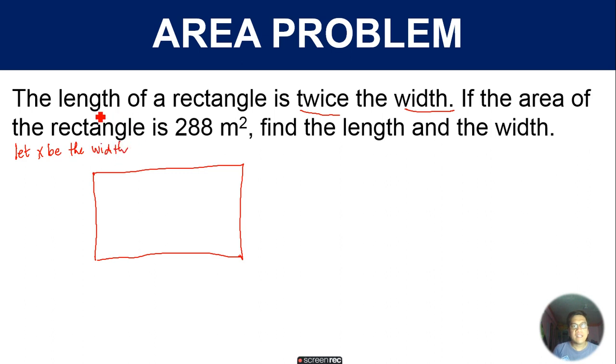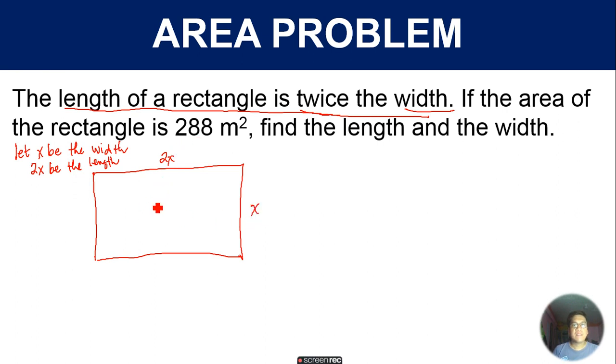Now, it said that the length of the rectangle is twice the width. So, what are you going to do? 2x will be the length. Okay? So, our length is this one, so this will become 2x. And then, our width is this one, so this will become x.